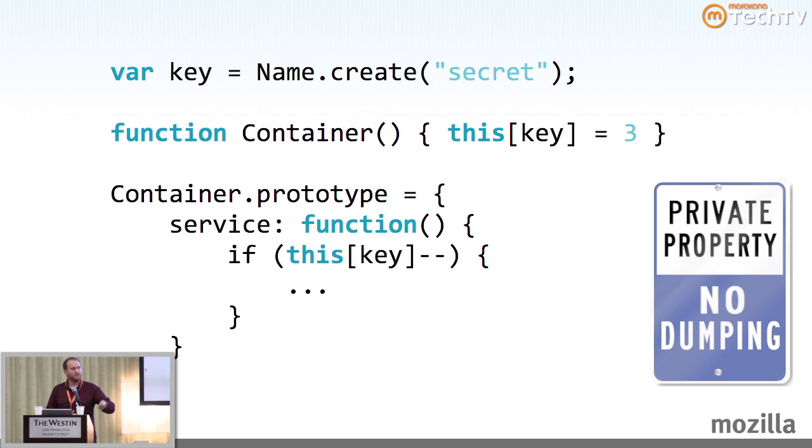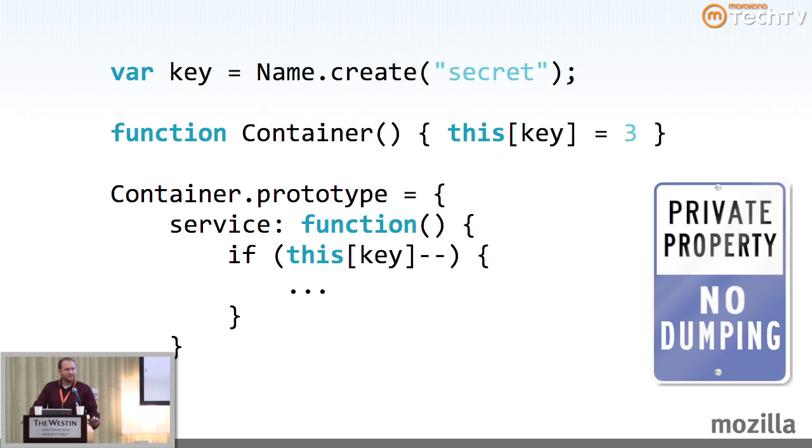You can decide who to give it to if you want to, but if you want to keep it private, you just keep it to yourself. So now what you do is simply assign to the property based on that key whatever you want, and now you can happily put your methods inside the prototype.